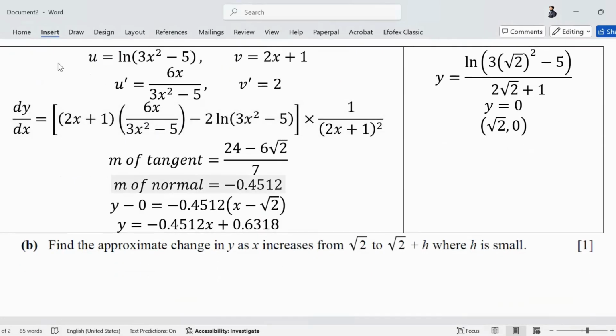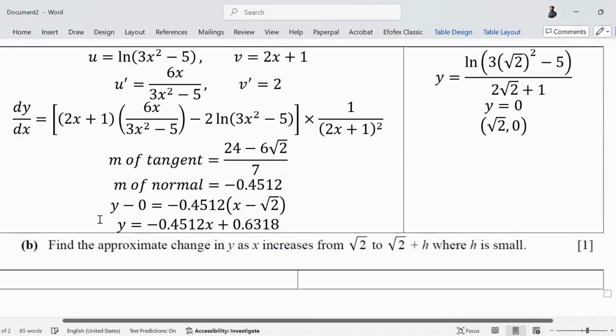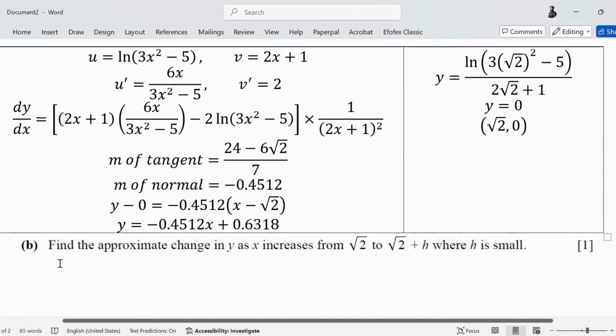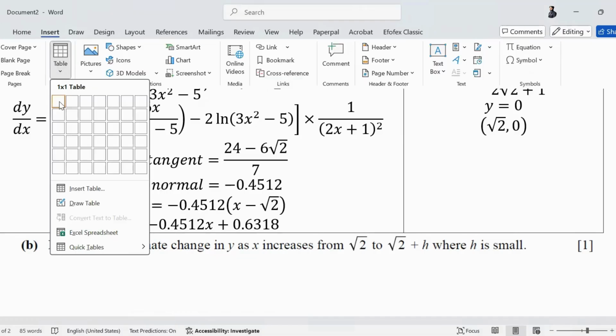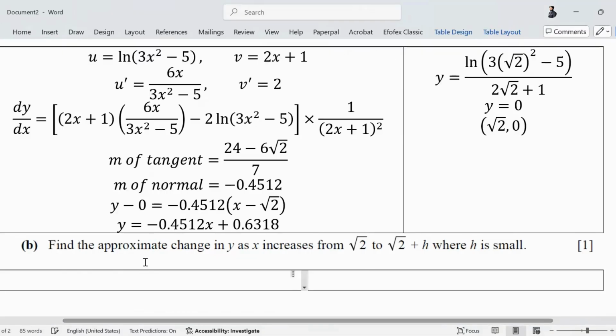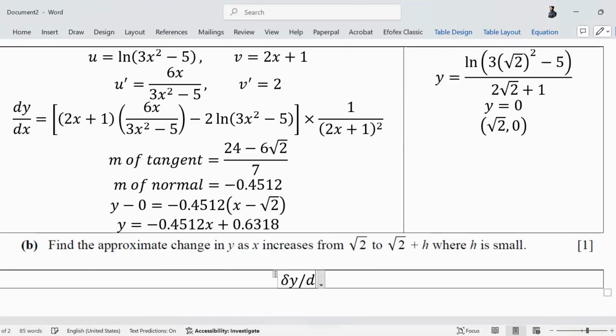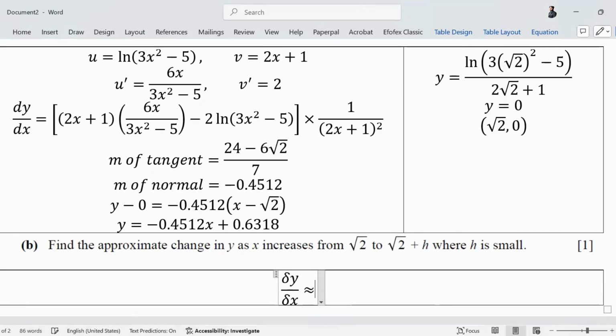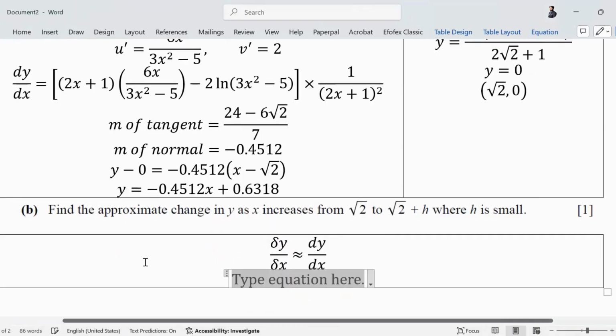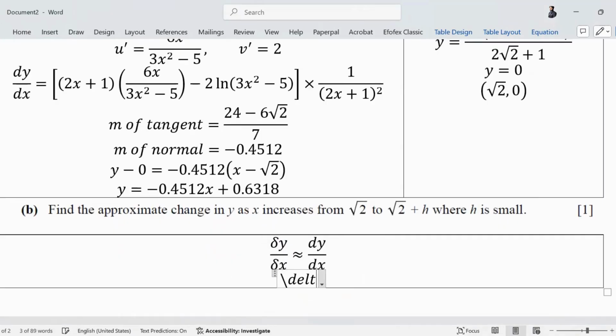So I can say that delta y upon delta x is approximately equal to dy by dx. So I need to find the change in y. Change in x is h.